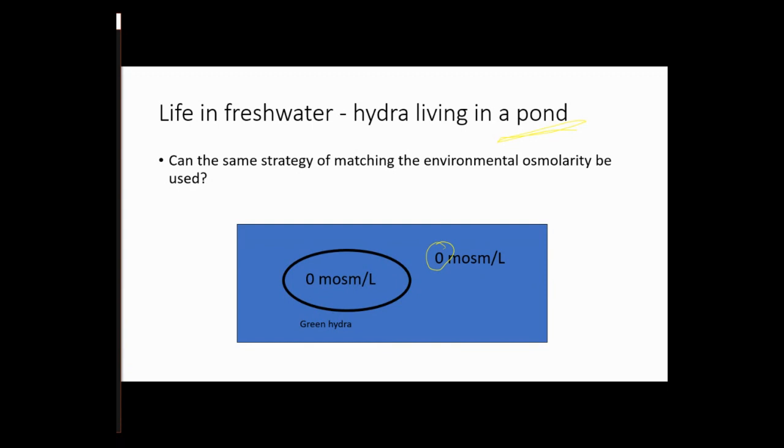So if I am an osmoconformer, for example, what if I chose a hydra, which is like a miniature version of a jellyfish? If I'm going to be a hydra or an osmoconformer in this situation, I would also have to have 0 units of salt per liter in my body. Can I do this?